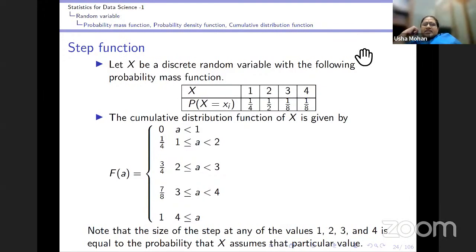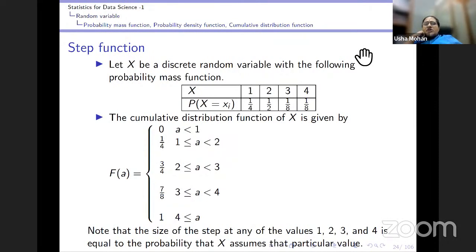Suppose I'm looking at that distribution, and I'm asking the question, how many people have got at most 2 jobs? In a class, the probability that a person gets exactly 1 job is 1/4, 2 jobs is 1/2, 3 jobs is 1/8, and 4 jobs is 1/8.